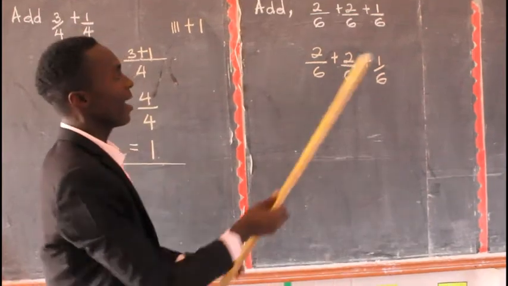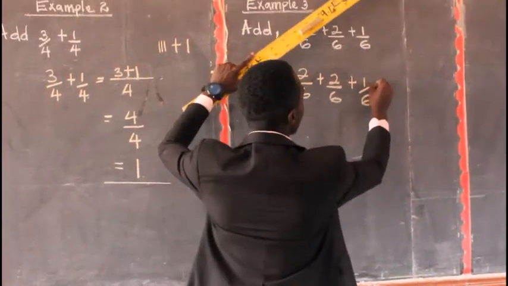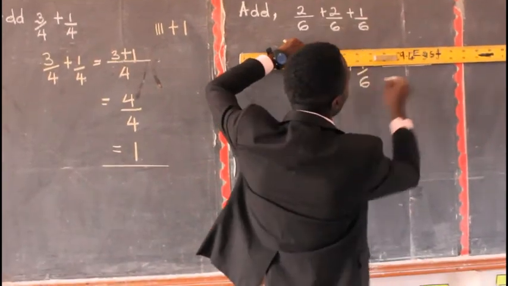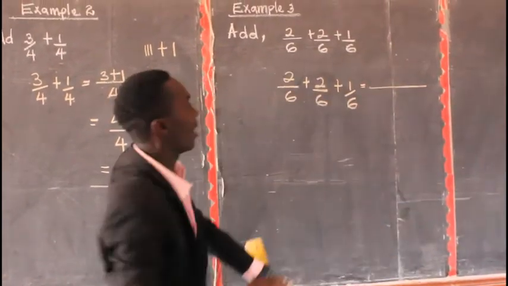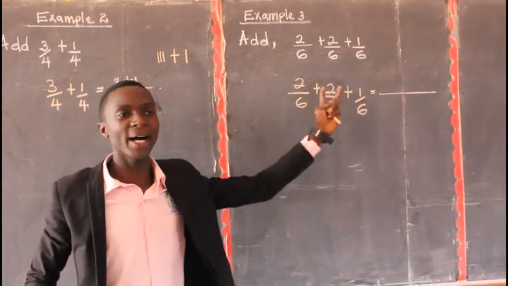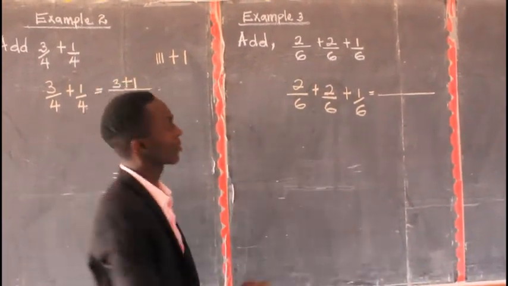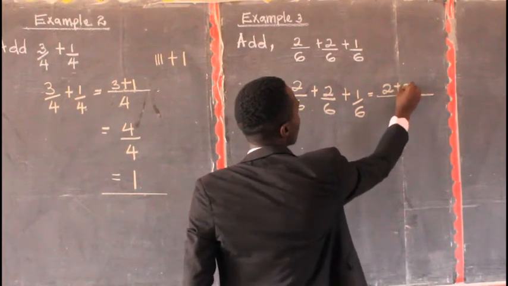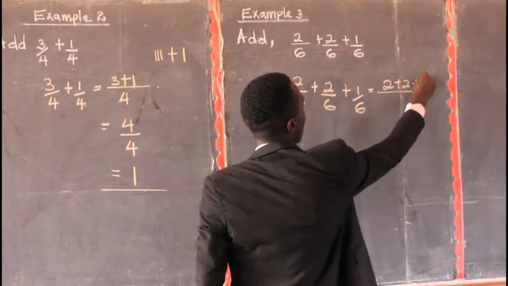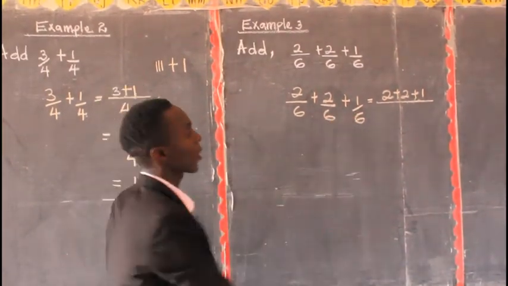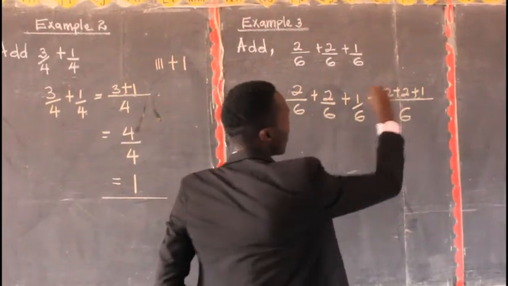What do you get there? You will say this is equal to, you draw your line, and you add the numerators, all the upper numbers of the fraction. So here you will say 2 plus 2 plus 1 out of, what is the common denominator here? Our common denominator is 6.